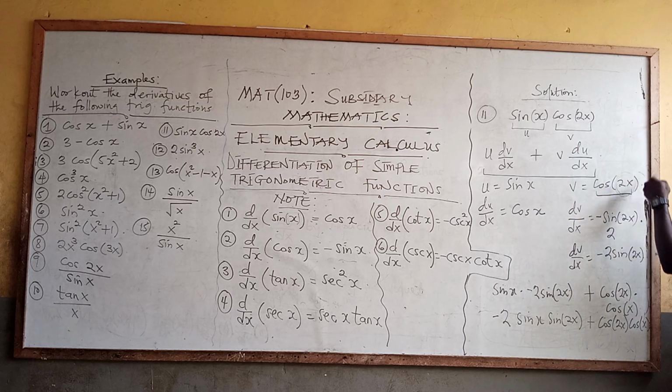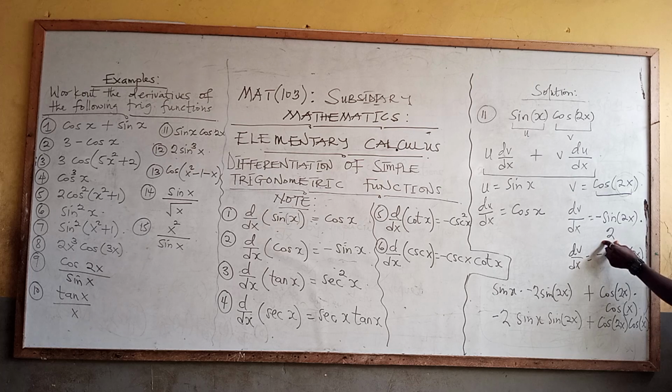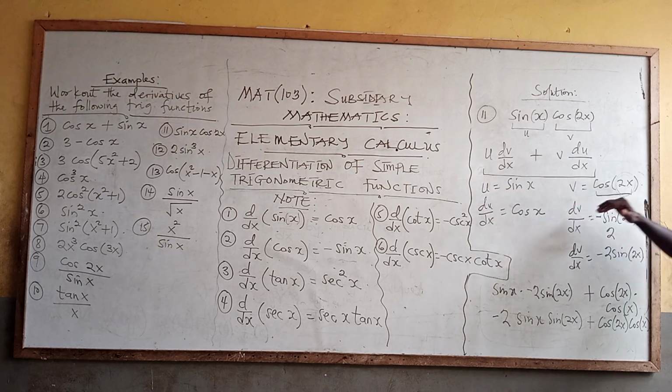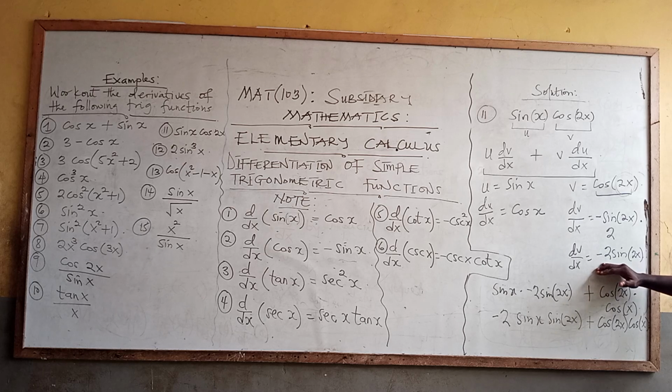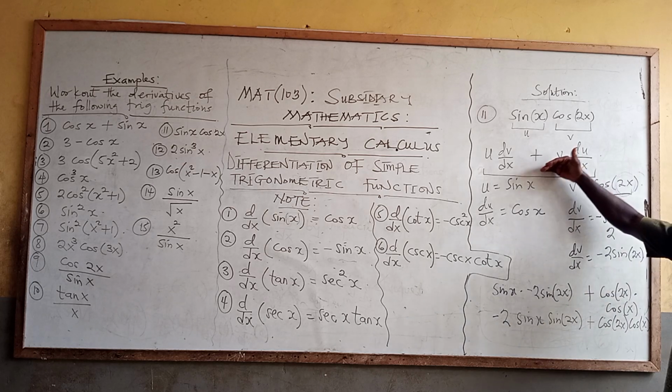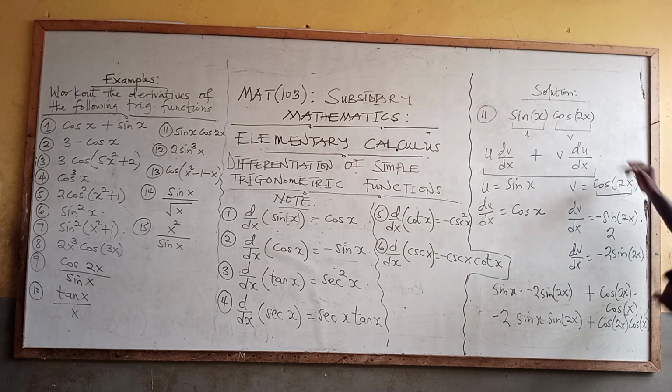Then you differentiate the expression inside the bracket, which is 2. So we get negative 2 sine 2x. So now we have our u, our v, our derivative of u, and our derivative of v. You substitute it into the product rule formula.